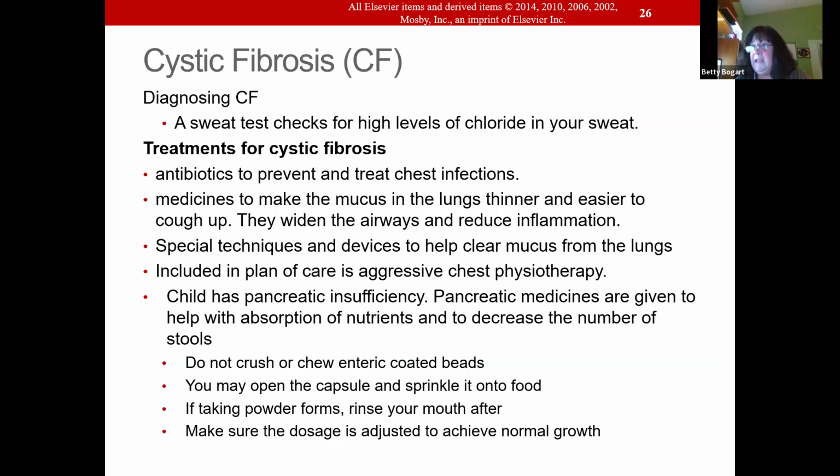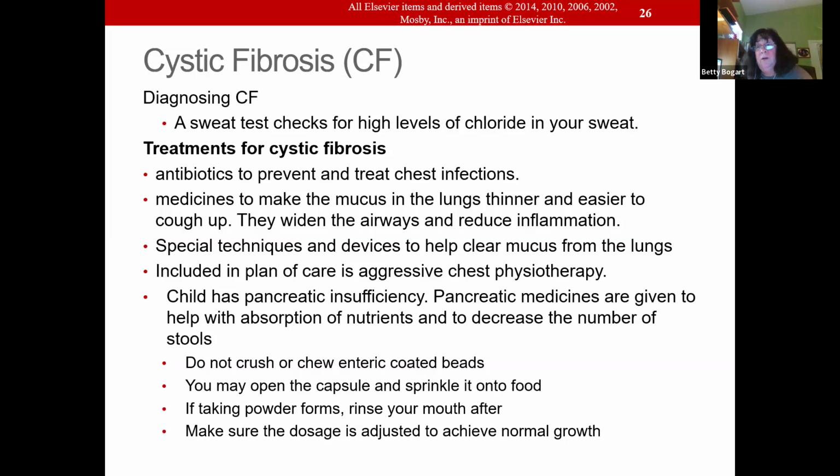So when we're about ready to eat, immediately before, whether it's a snack or a meal, you're going to use these pancreatic medicines. Pancreatase is one that's used frequently. Some of them come in little capsules and beads. Some are powders. This is one that you can put in the food, when we talk about giving medications.